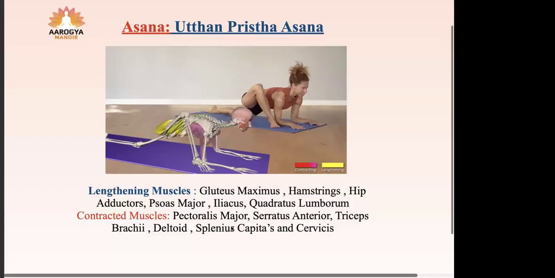Now, the muscles which are getting contracted: of course the chest muscles, the pectoralis. The sides of the body, serratus, are getting contracted. Triceps, because you're placing your arm on the floor. And your deltoid, and you can see over here the neck muscles, splenius capitis and cervicis, are also contracted.